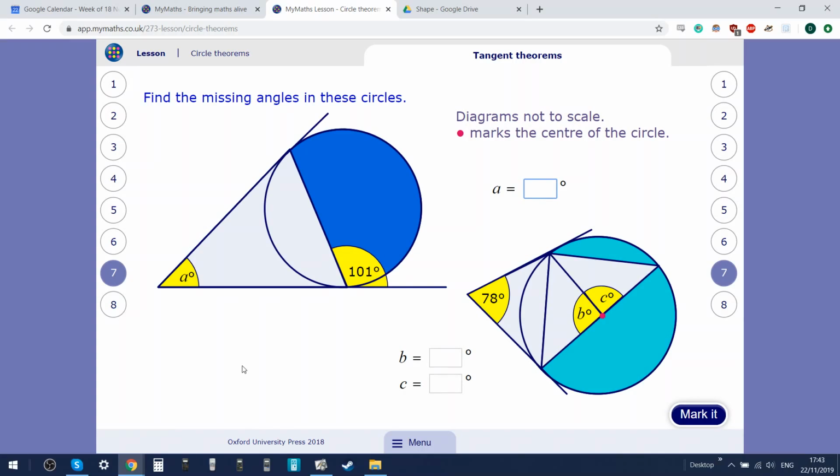So how do we do this? We find this angle here. First of all, 180 minus 101. Mm-hmm. Say that's 79. Mm-hmm.